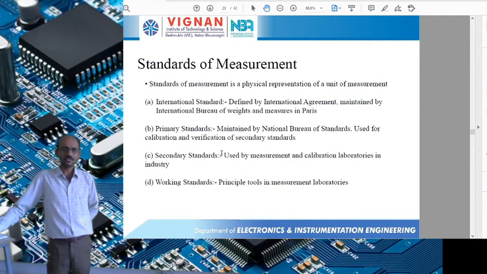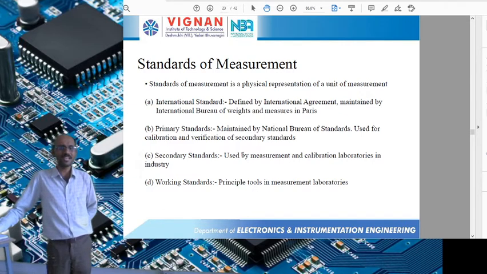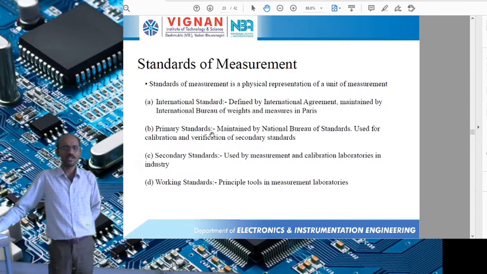In America, they are maintained by NBS, the National Bureau of Standards. In this way, each country has its own committees to maintain the primary standards. But these primary standards should be frequently calibrated with respect to international standards before using them for measurement purposes.